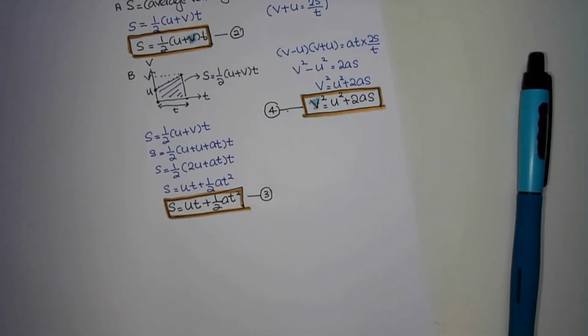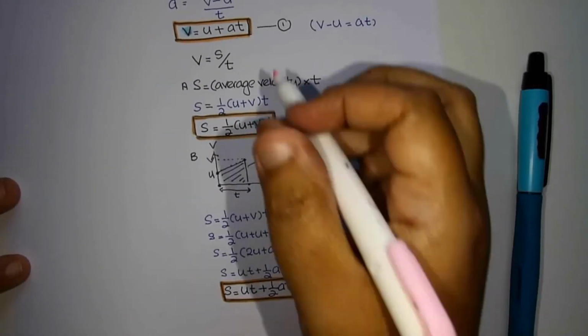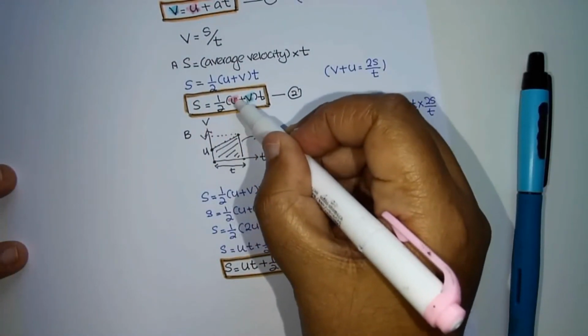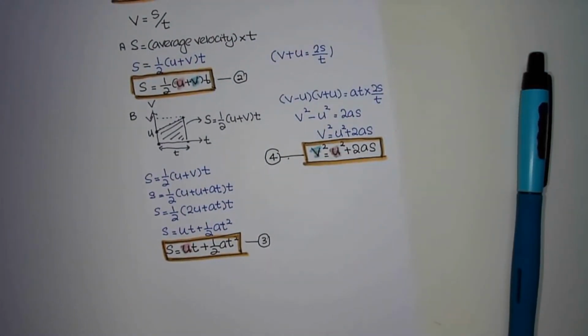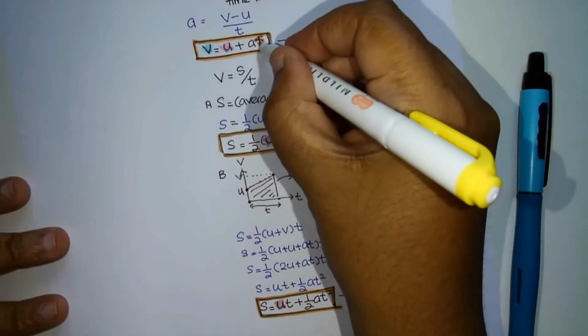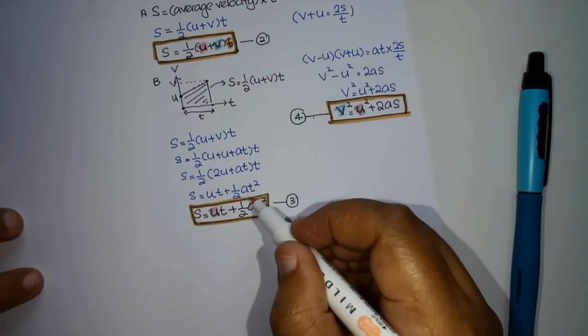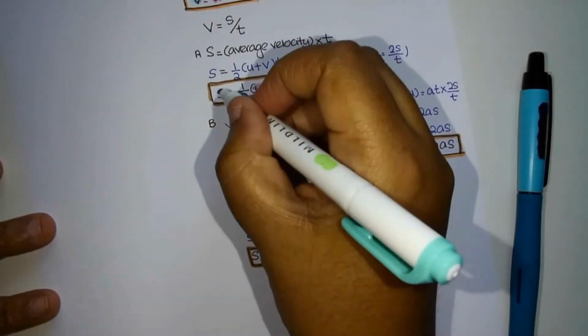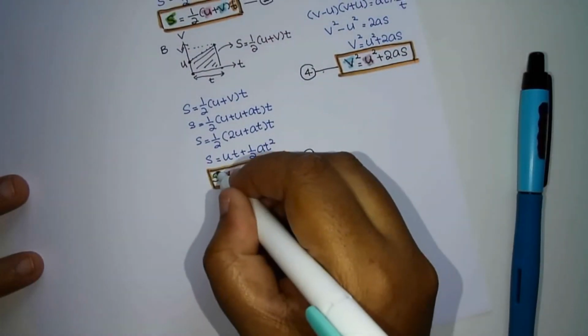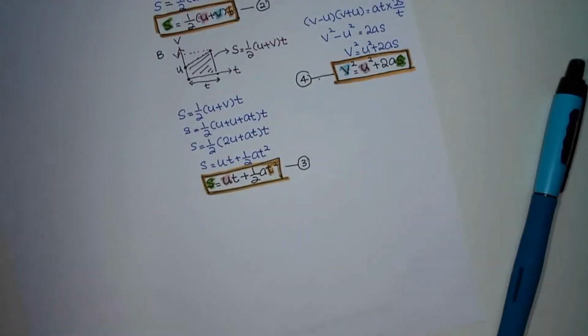And then we also have U. Then we also have T. Then the last will be S, and S. Oh, we have another one which is A.